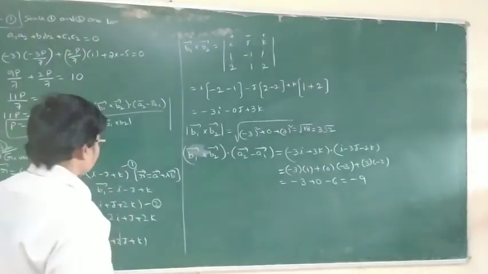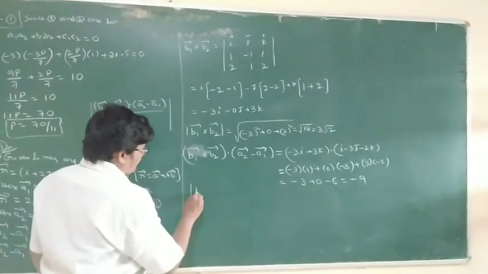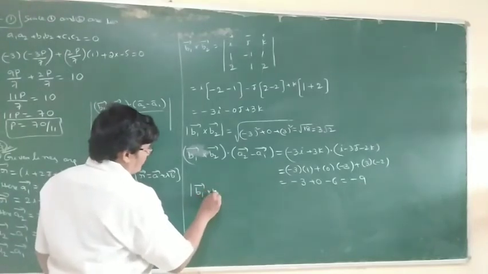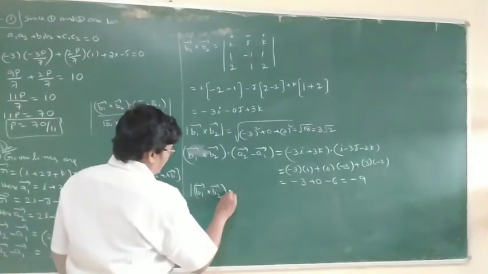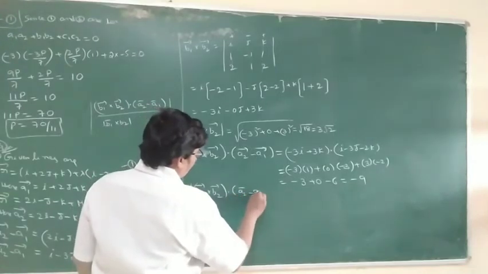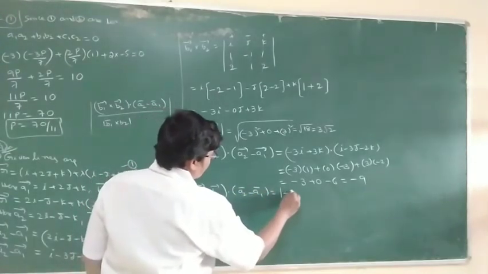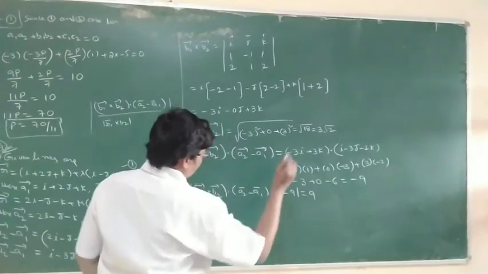So the modulus of b1 bar cross b2 bar dot a2 bar minus a1 bar is equal to modulus of minus 9, which is equal to 9.